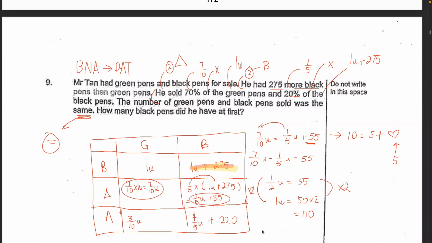So I write B, bracket, at first, equals 1 unit plus 275, and that is simply 110 plus 275, and therefore my answer has to be 385, and this is my answer for this question.